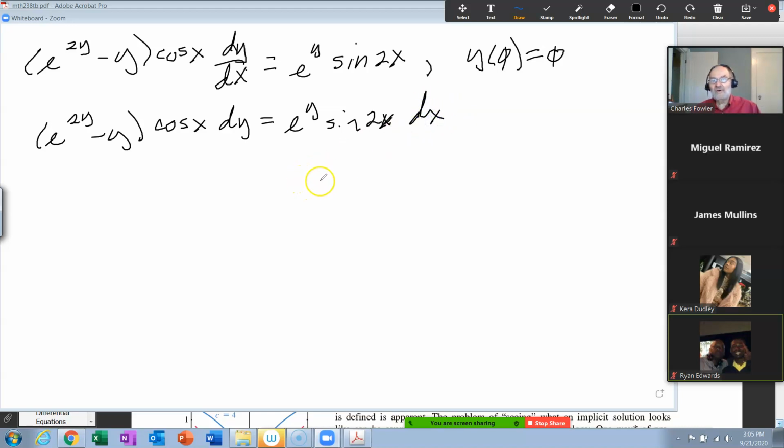Okay, now we want all the y's over there to the left with the y, all the x's over here to the right with the x. So what we're going to do is divide both sides by cosine x. And also divide both sides by e to the y. Okay. So the cosine x's go out here.